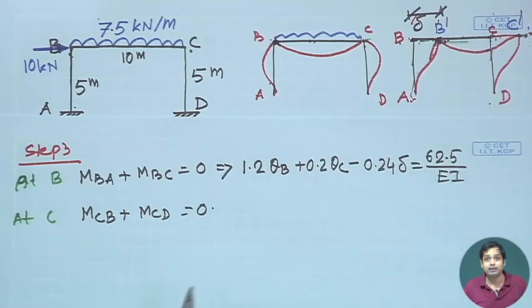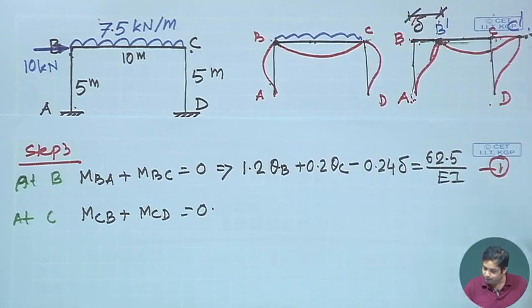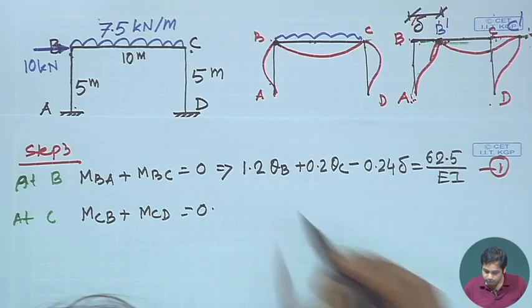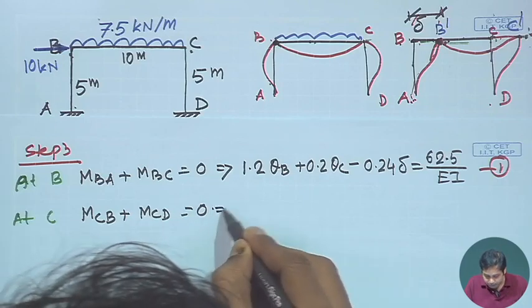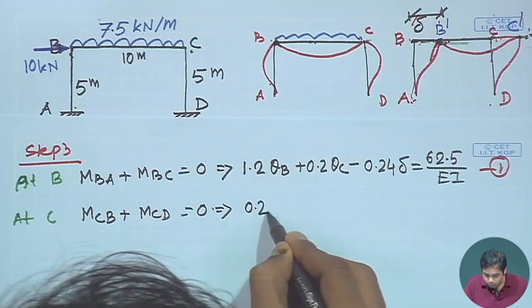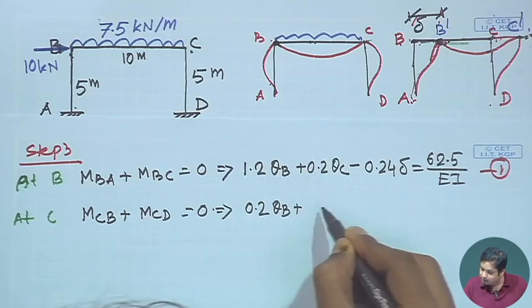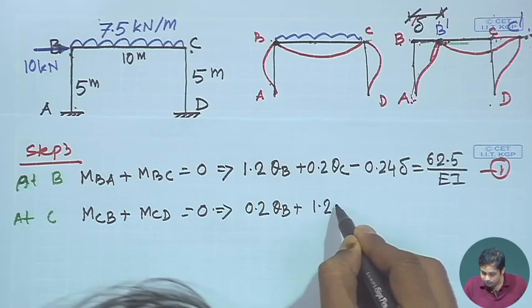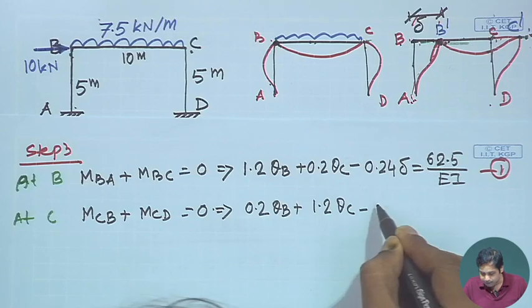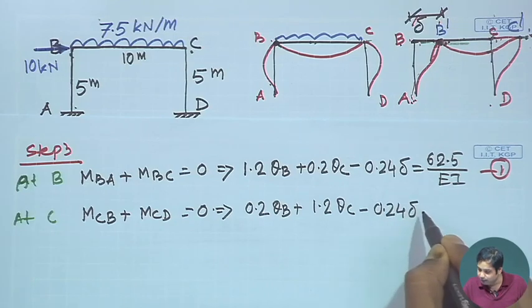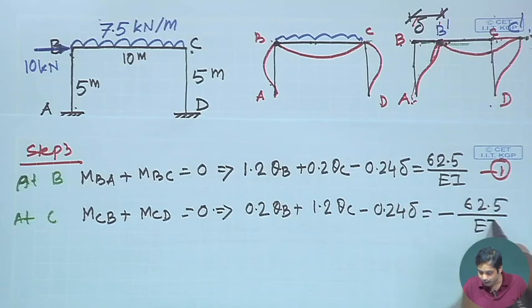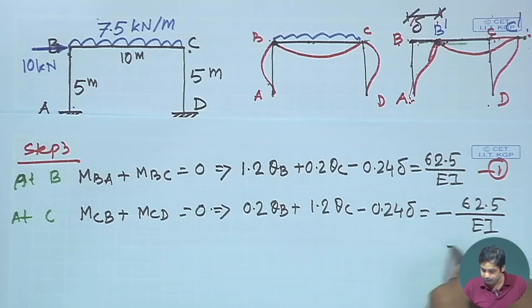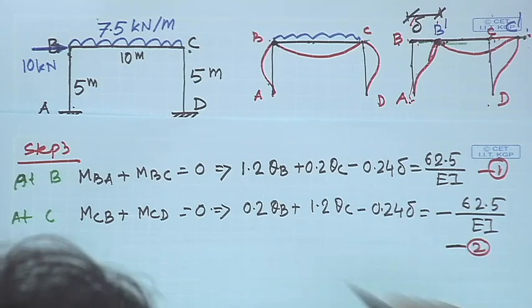So, this is equation number 1, and then the second equation becomes 0.2 theta b plus 1.2 theta c minus 0.24 delta is equal to minus 62.5 by EI. So, this is equation number 2. Please once again check.